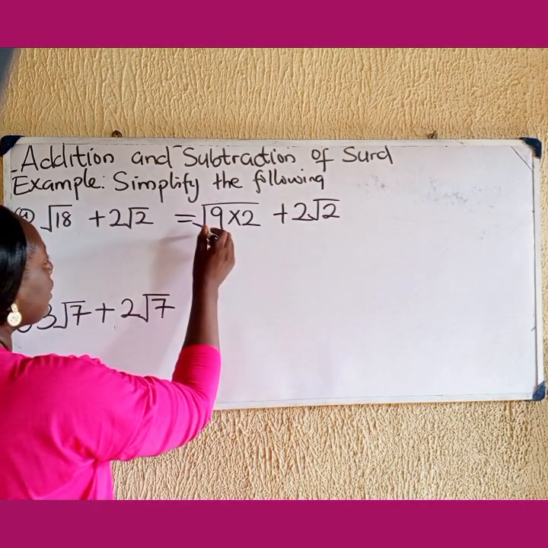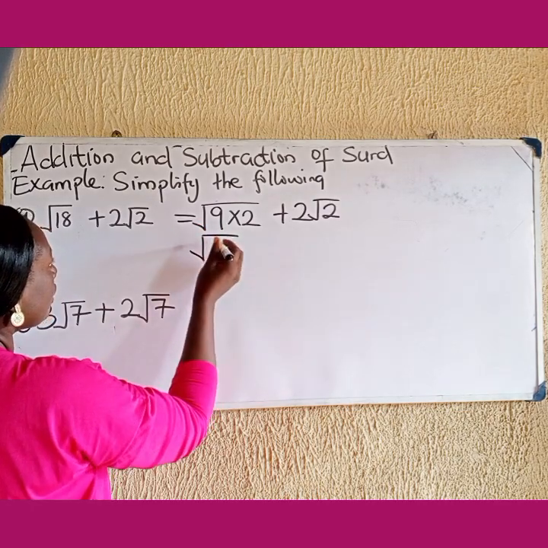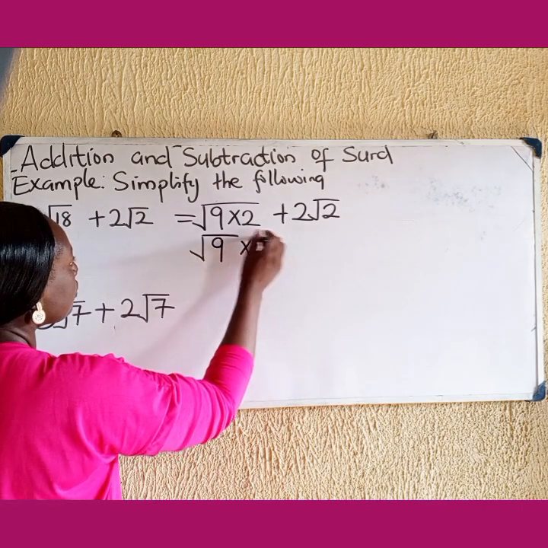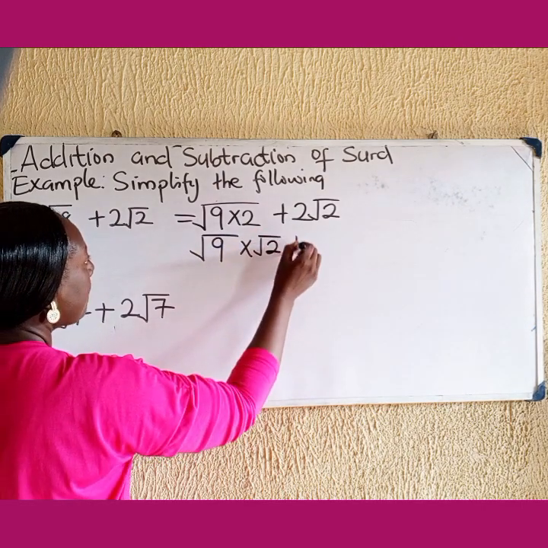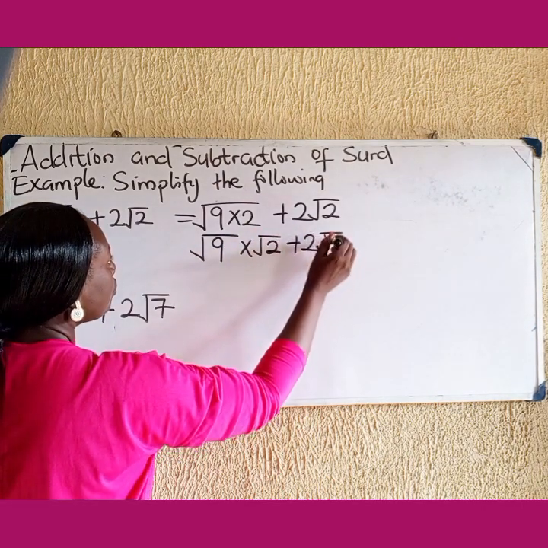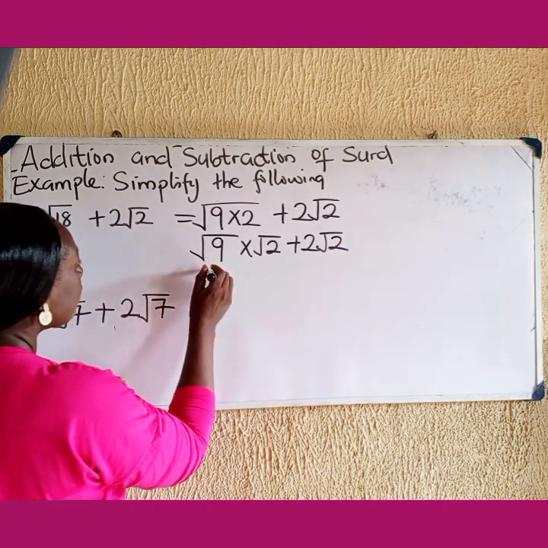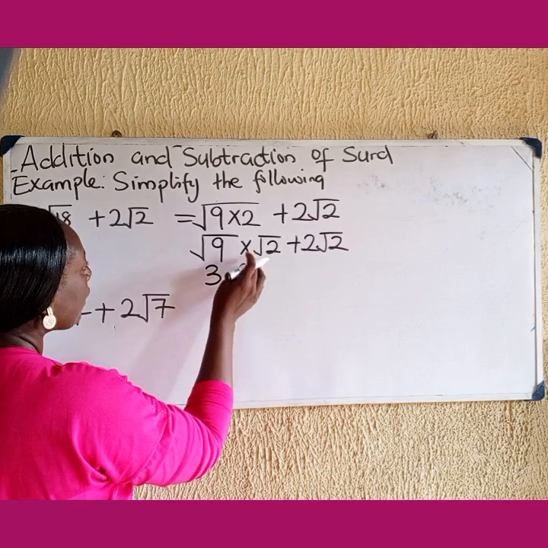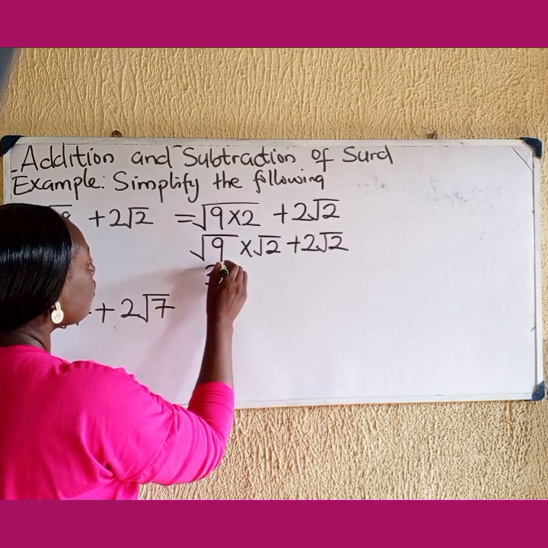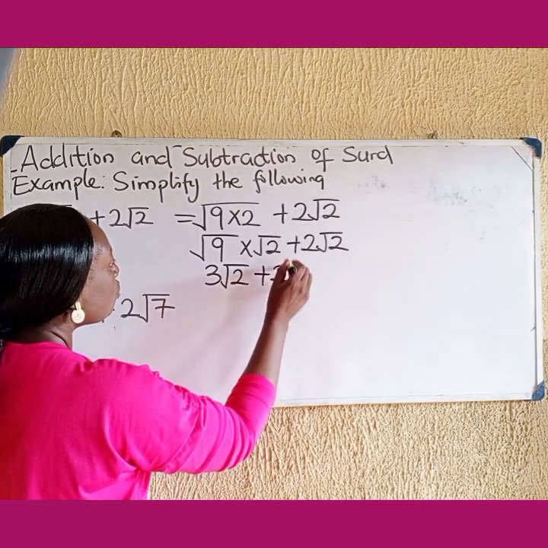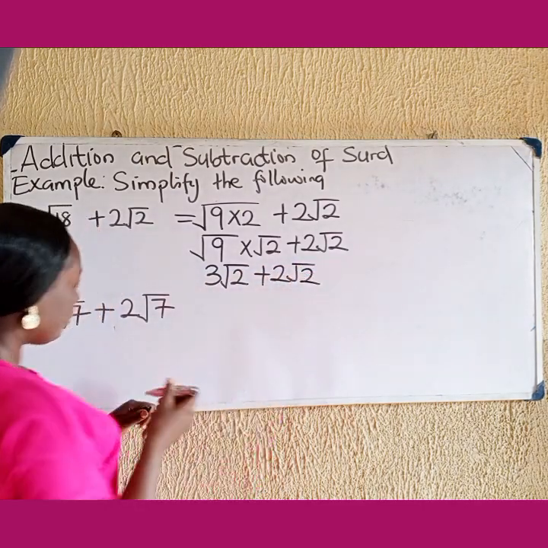Now this one I can further separate as root 9 times root 2 plus 2 root 2. Now square root of 9 is what? 3. And 3 times root 2 will give me 3 root 2 plus 2 root 2.